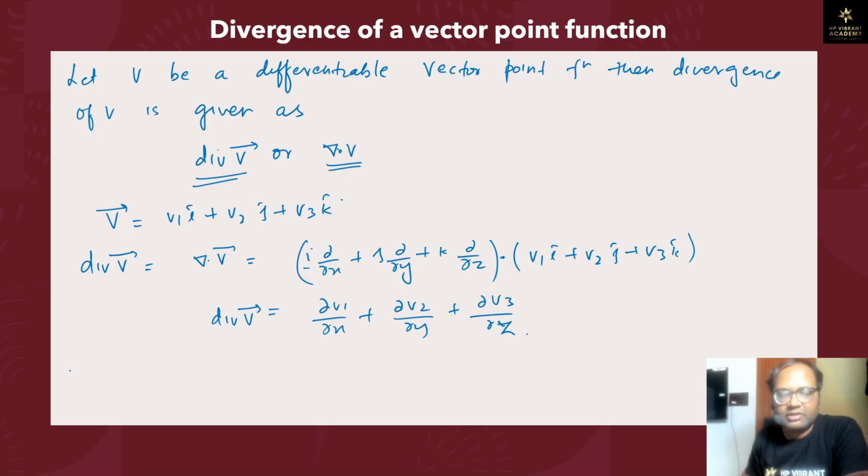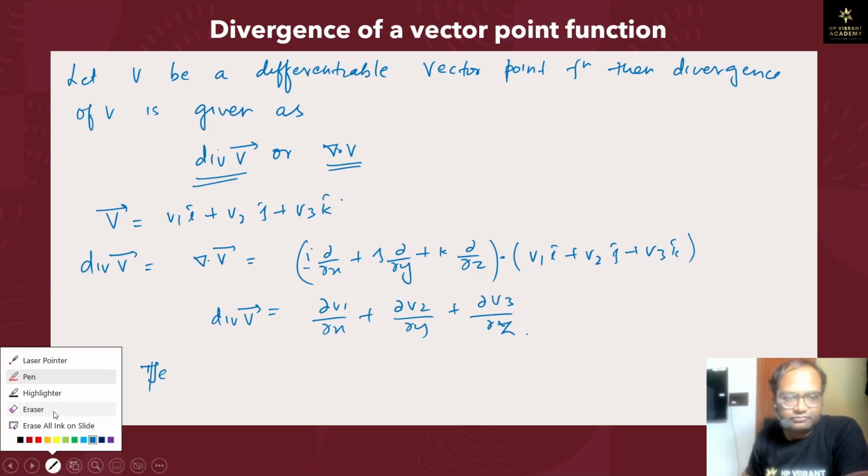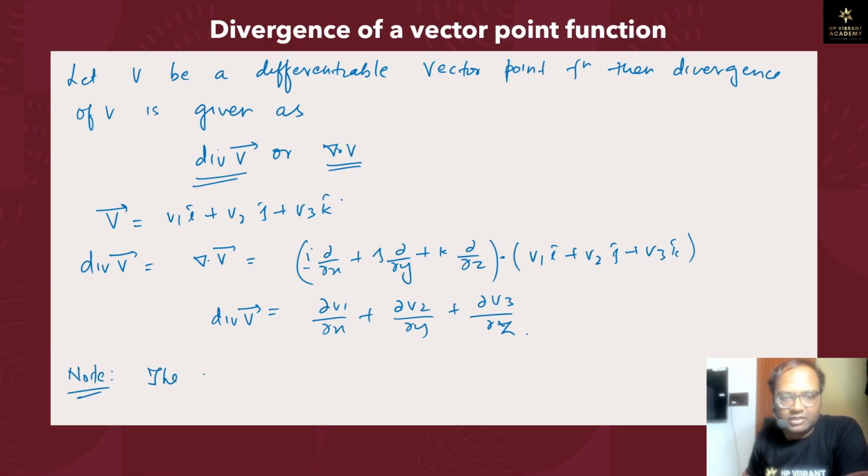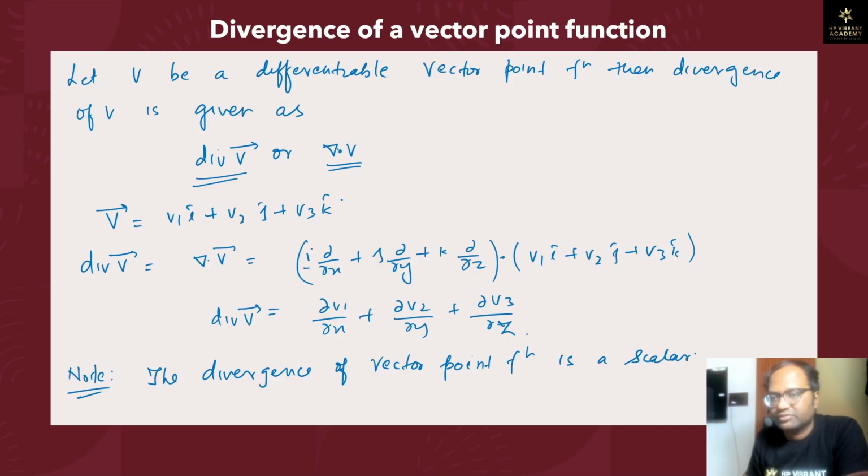The point here we have to note is that the divergence of a vector point function is a scalar point function, because the result of this is a scalar quantity, not a vector quantity.